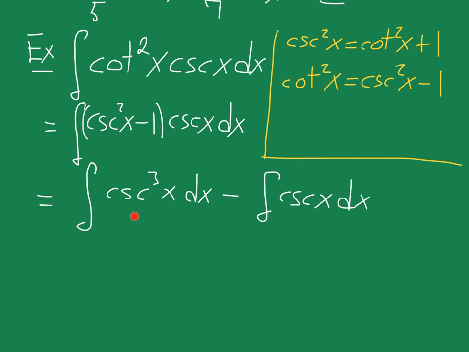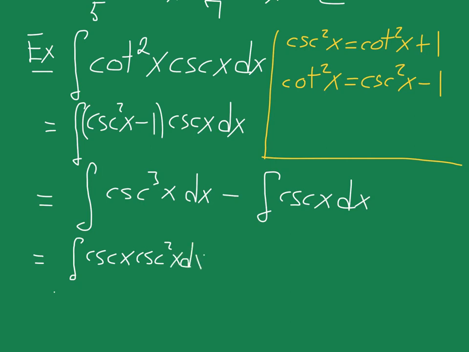Well, if we're going to integrate this by parts, we're going to need to have a u and a dv, and for that, it's natural for us to let our dv equal cosecant squared x dx. So let's write another line here. So what do we have? This is equal to, so I'm going to just write this as cosecant x times cosecant squared x dx.